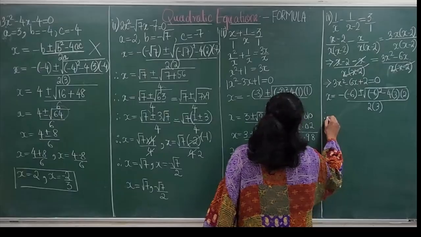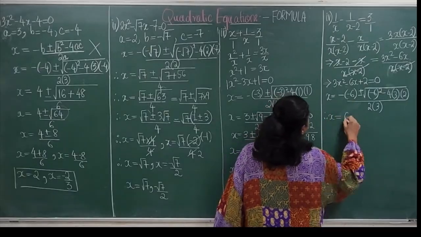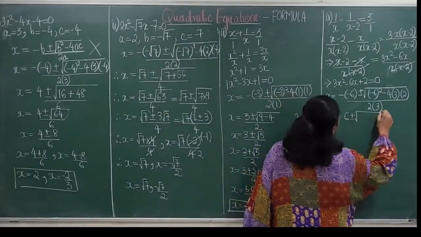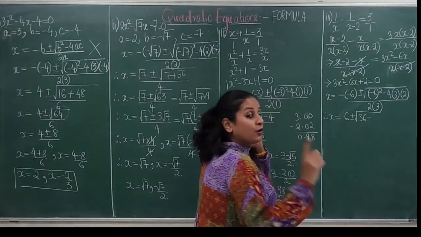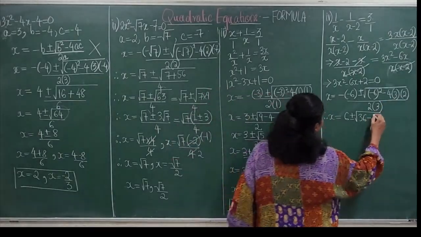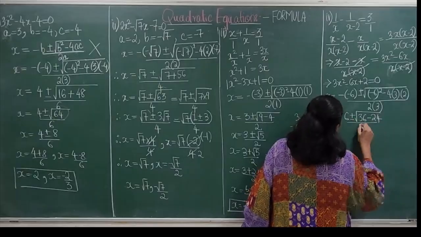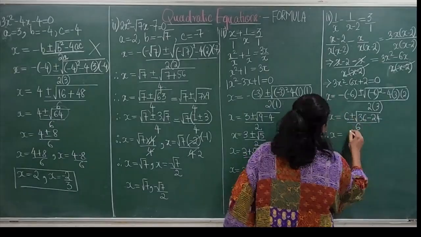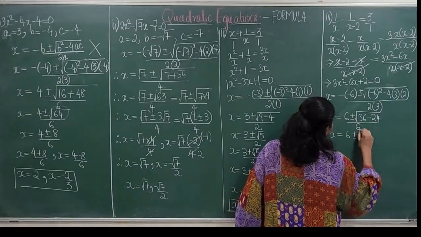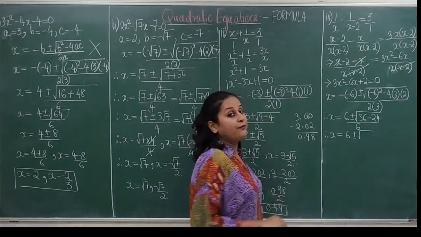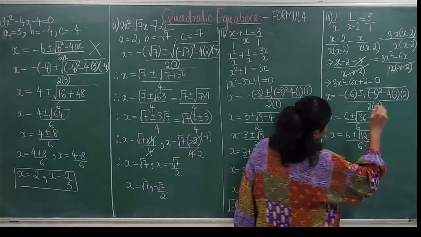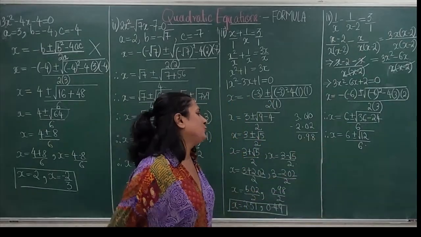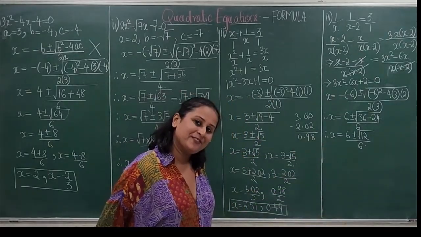So therefore, x is equal to 6 plus or minus square root of 36 minus 4 3s are 12, 12 2s are 24, upon 6. x is equal to 6 plus minus square root of 36 minus 24 is 12, upon 6. I think beyond this you should be able to solve by yourself.